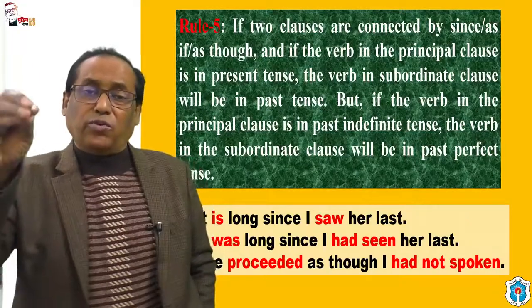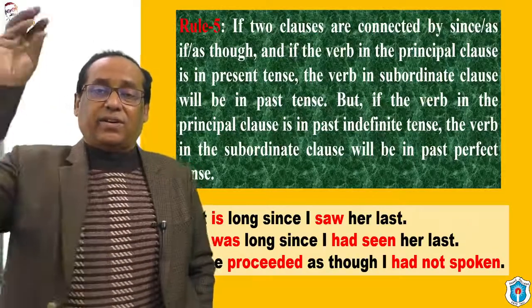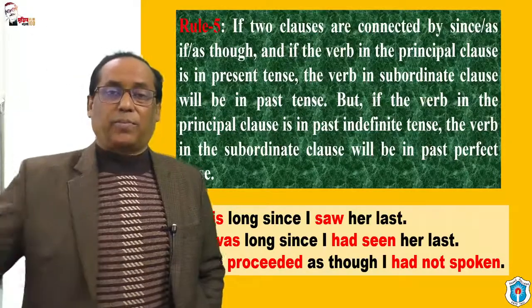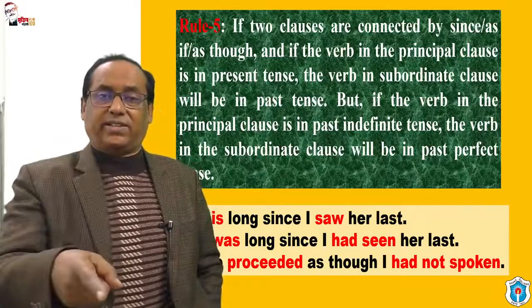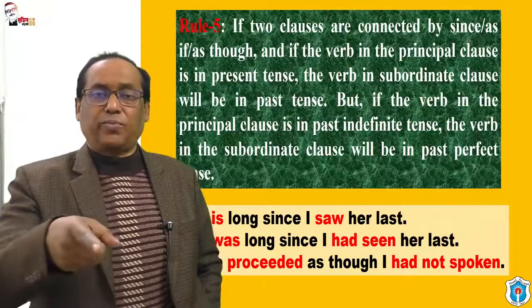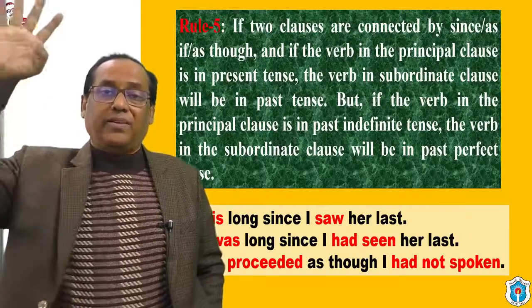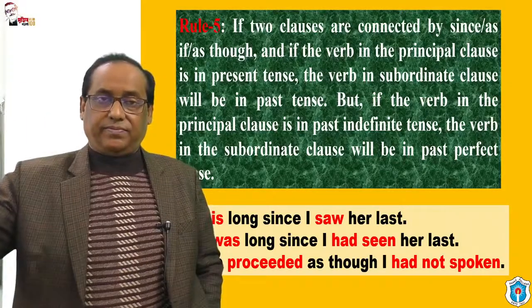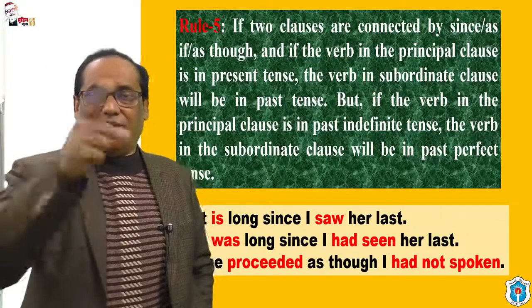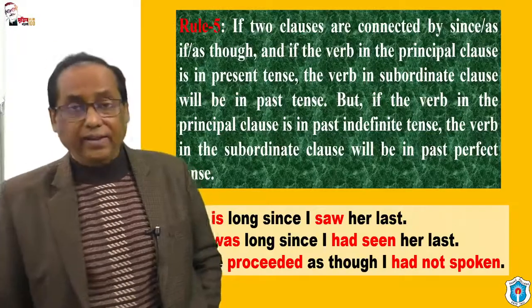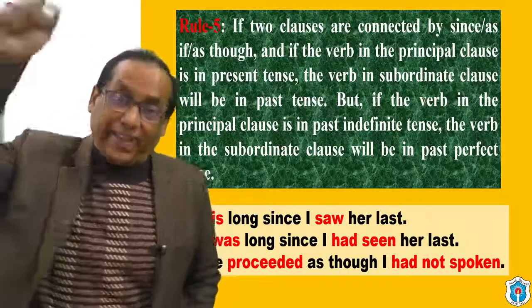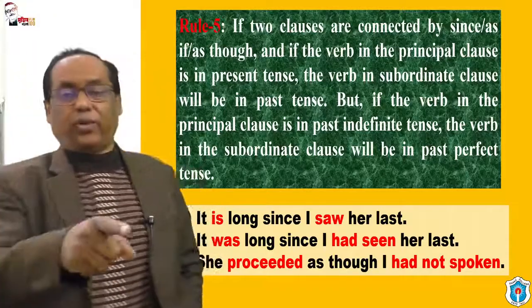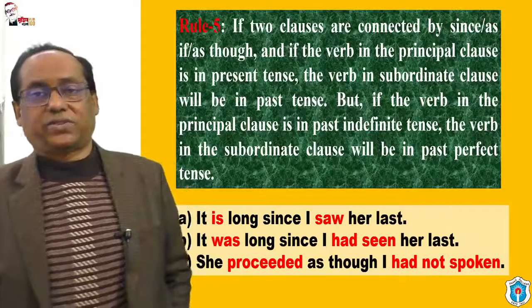If you don't know tenses, you can't understand sequence of tenses. So tense is the first condition. You must know 12 tenses, their structures at first. Then you have to understand clause, and then you can understand sequence of tenses.